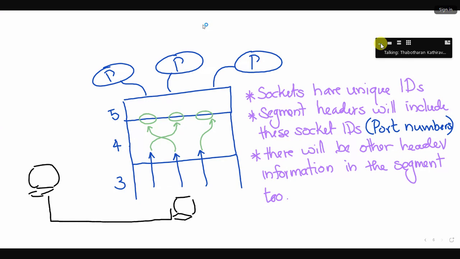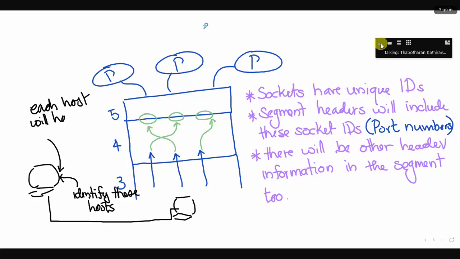The segment is being sent, and we need to identify these hosts. So each host will have at least one IP address.